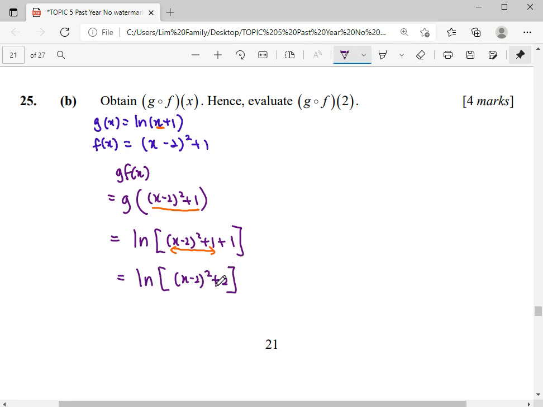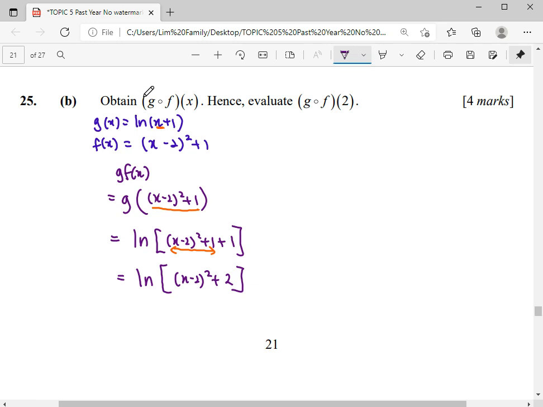The log is bringing these terms together. If we missing this bracket, the things will be different already. It will make us misunderstand where log only bringing this (x minus 2) squared. Supposedly they are bringing it together.